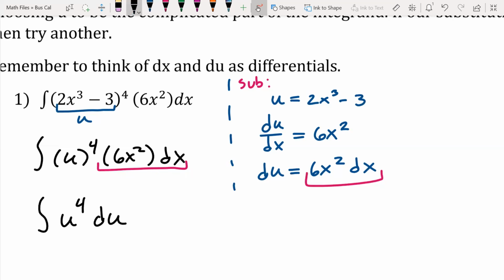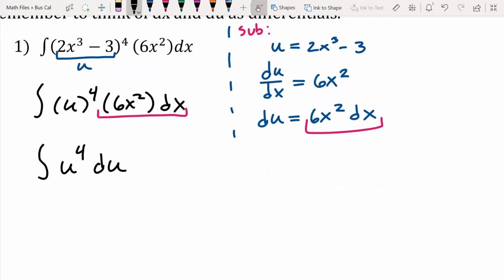And now we have a much easier integral to find the antiderivative of. Everything makes sense so far? It's a sub on a sub on a sub with one more sub to come in.